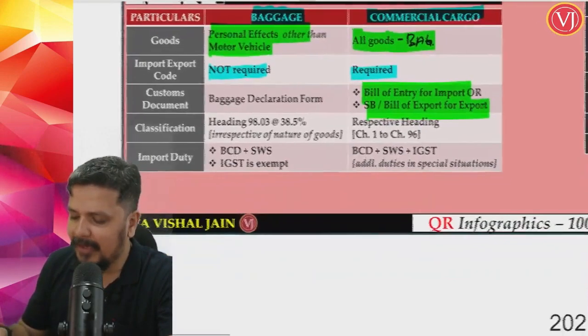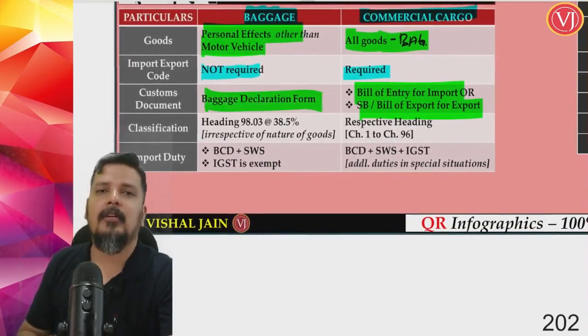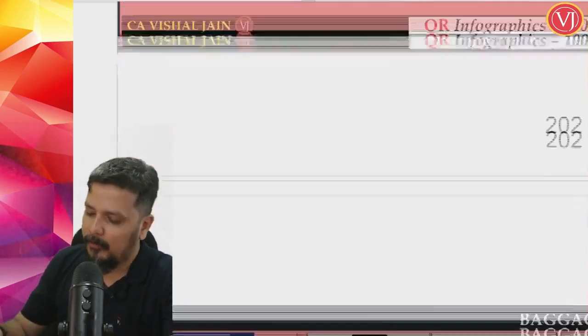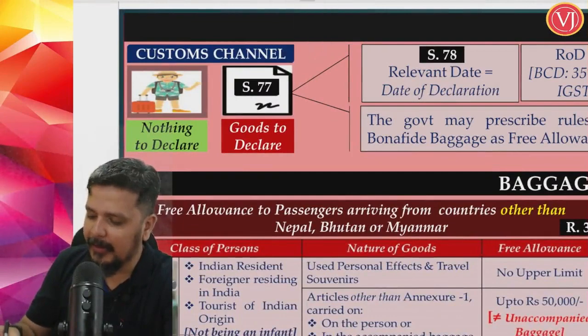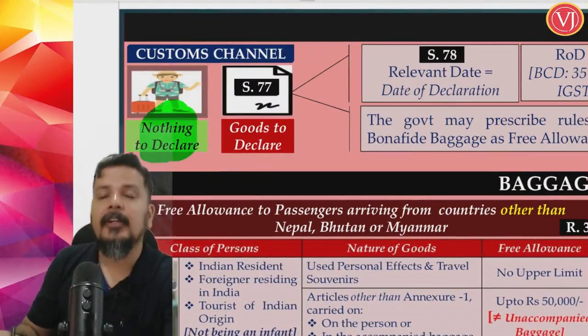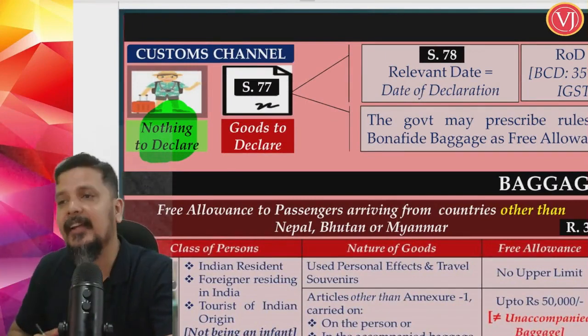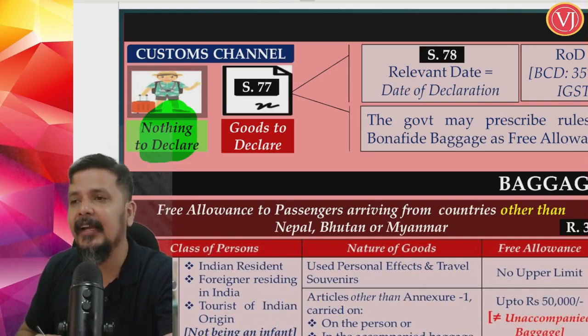When you talk about your baggage, there is no customs document as such. This is the baggage declaration form. And when you talk about the baggage declaration form, if you have got nothing to declare, no need to even declare anything, no need to even tell anything. Just walk in the green channel. In the international airports, there will be two channels, green channel and red channel.